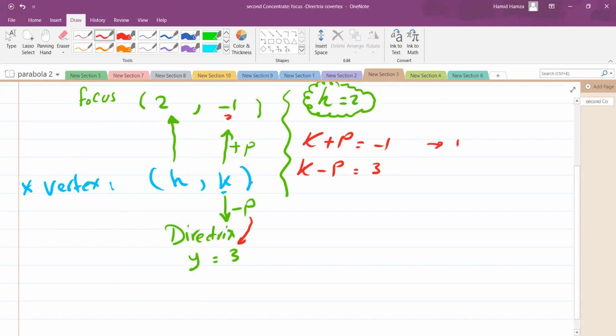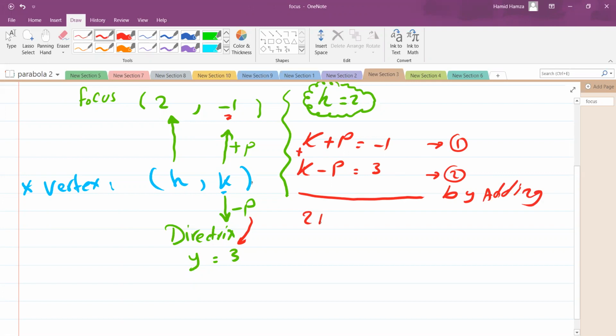We got two equations. So just add them. K plus K is 2K. B minus B is 0, so they are cancelled. -1 plus 3 is 2. Solve the equation. So K equals 2 divided by 2, K equals 1.